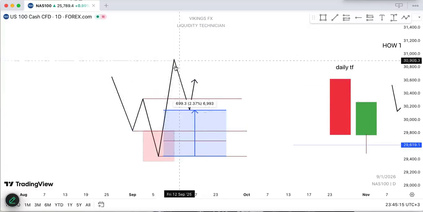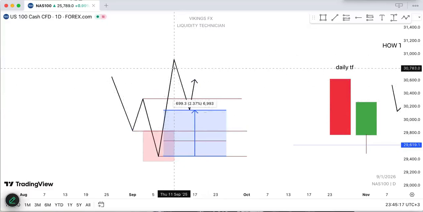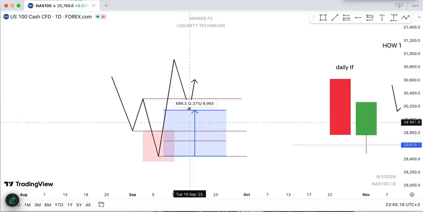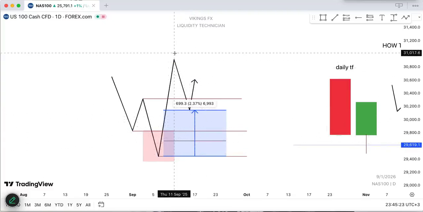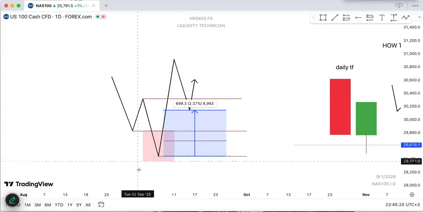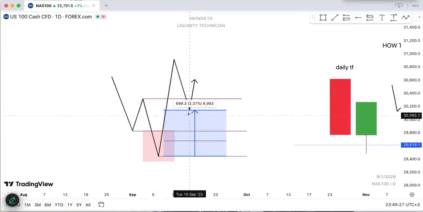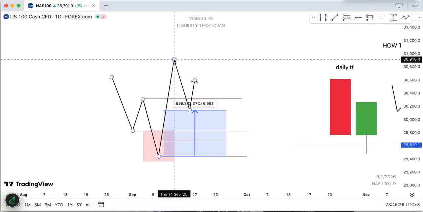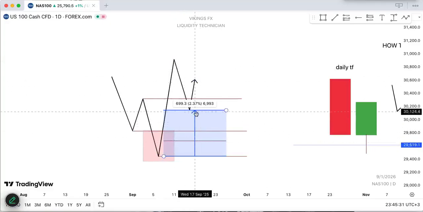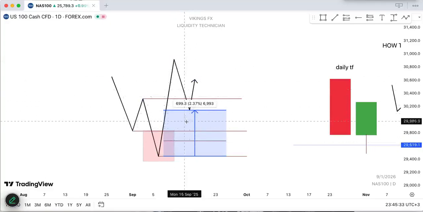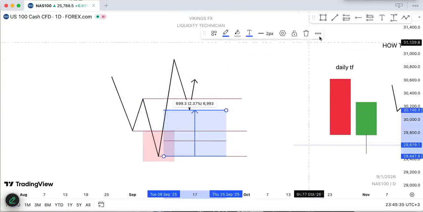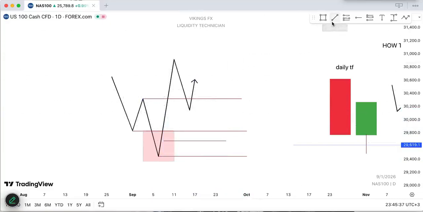So the market wasn't having the liquidity or the inducement to take. What did it do? It retraced to the 50% of this whole move. Retracing to the 50%, that means it has engineered liquidity or inducement. So from there, we shall mark this as our engineered liquidity.